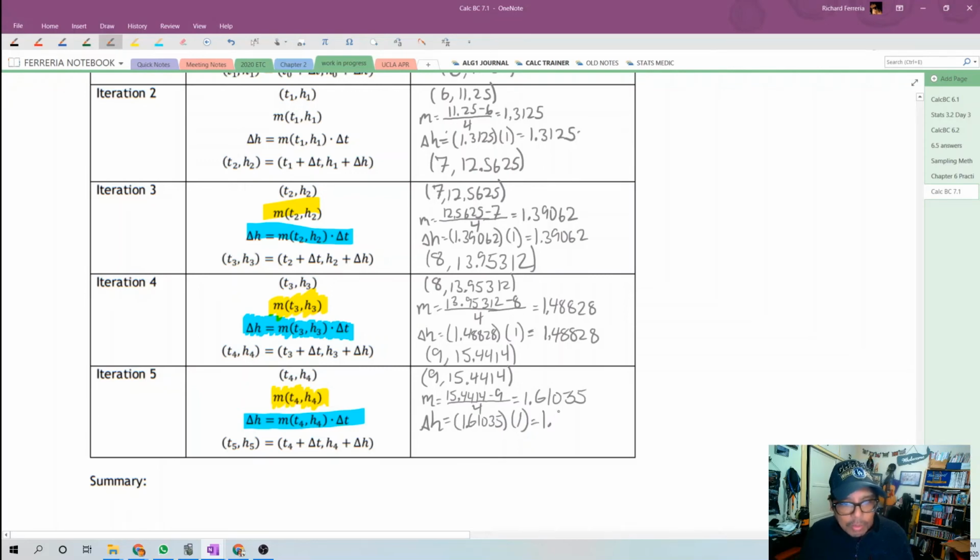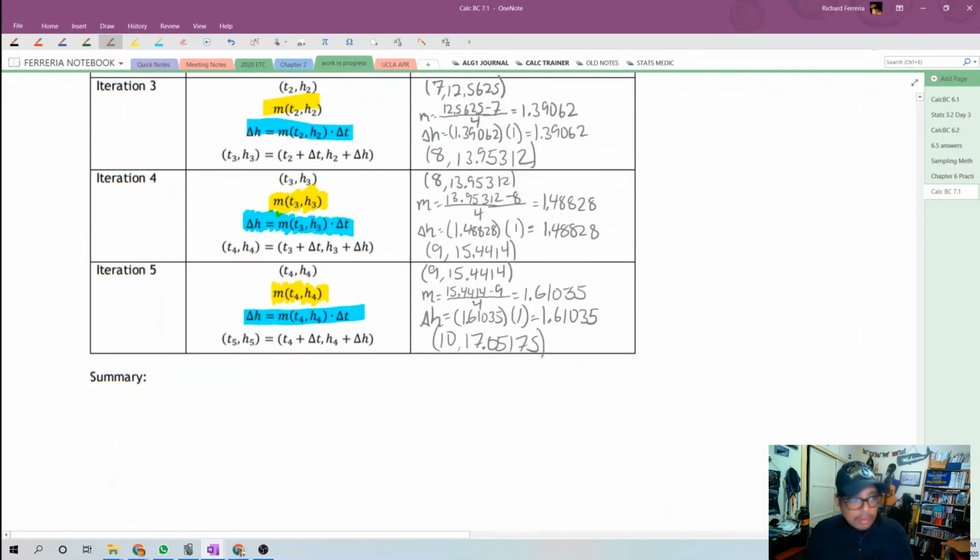That gives us 1.61035. Our t plus delta t is 9 plus 1, or 10. And h plus delta h is 15.4414 plus 1.61035. That gives us 17.05175.